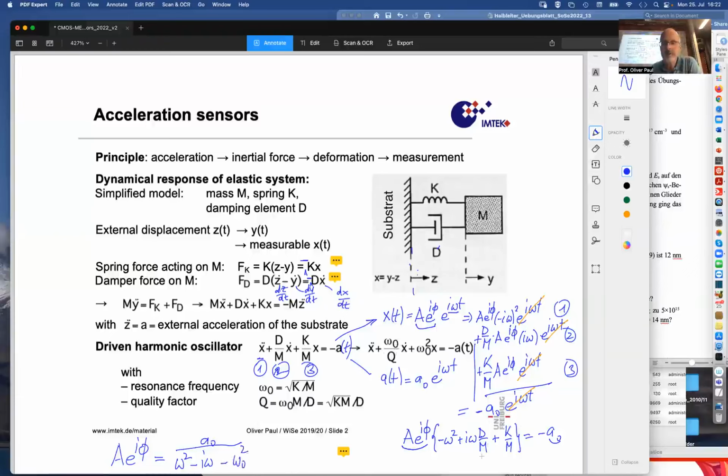So this omega 0 squared takes over the role of this k over m. And so omega 0 is the square root of k over m.